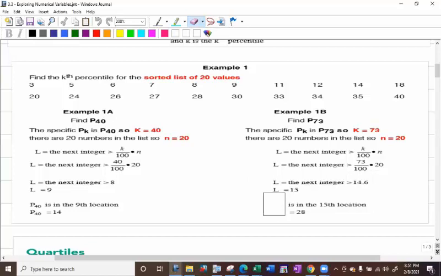We go up to the next integer, which is 15. So you would find the 15th number in the list. 18 is your 10th number, so that's 10, 11, 12, 13, 14, 15. There's your 15th number right there, 28. So 28 would be the 73rd percentile.